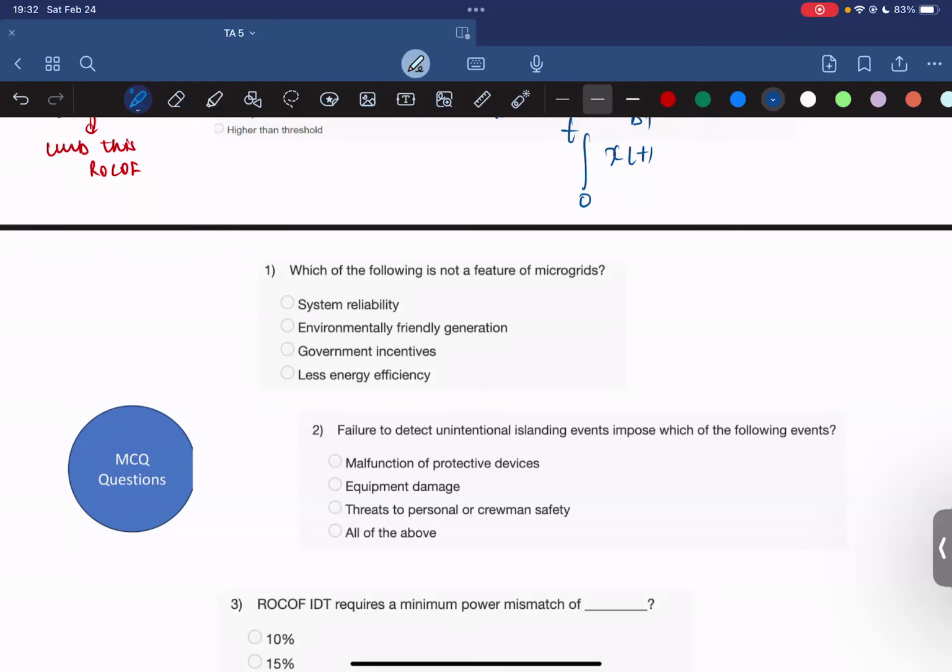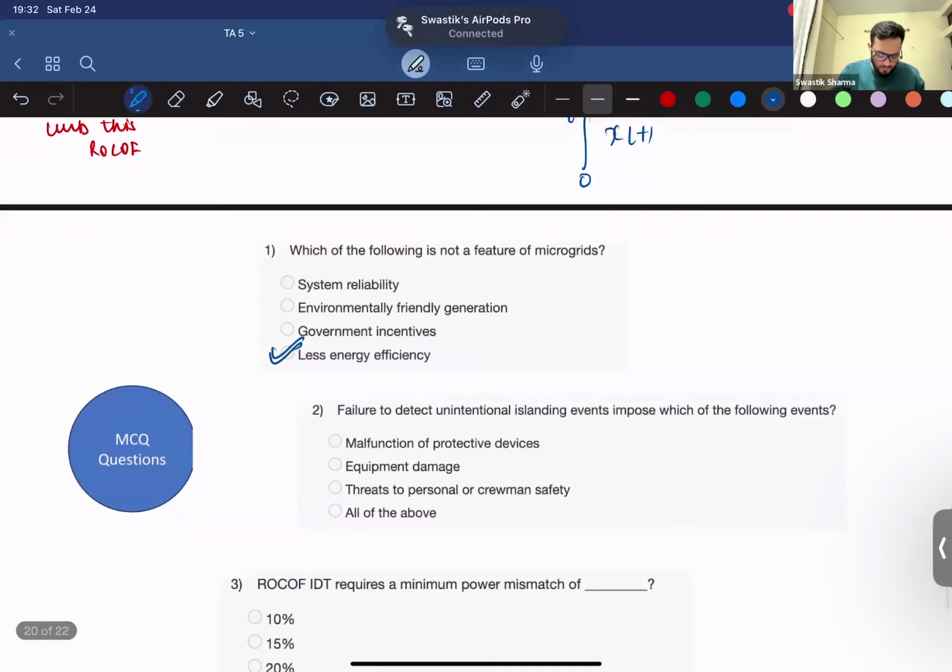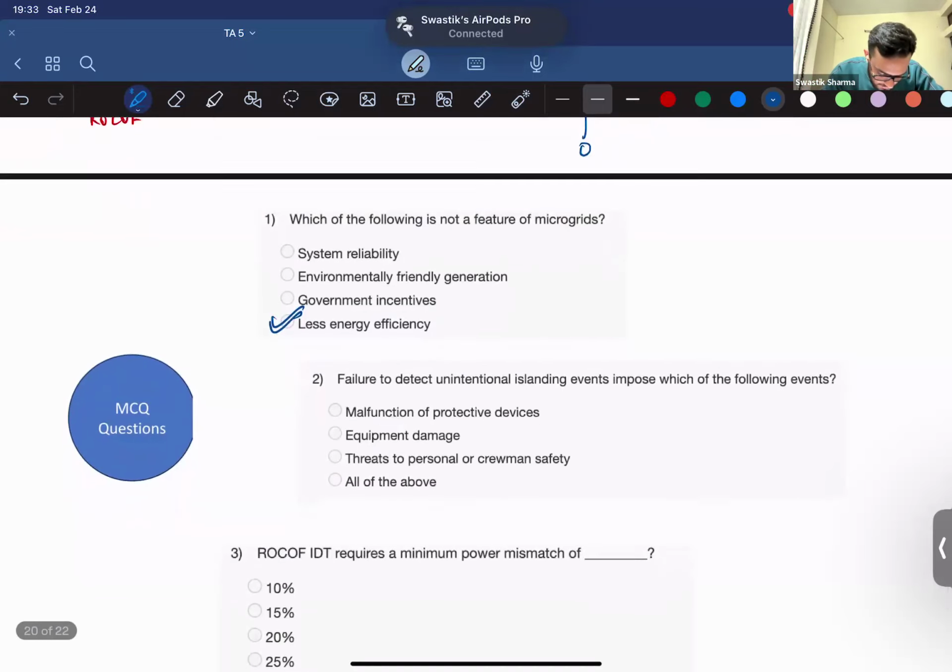So it's less energy efficiency. Microgrids are energy efficient. They are able to supply more loads which the conventional grids were not able to do because we have local generations as well during different conditions.